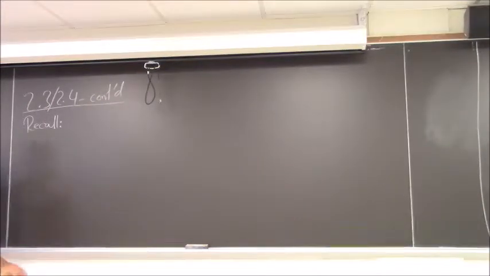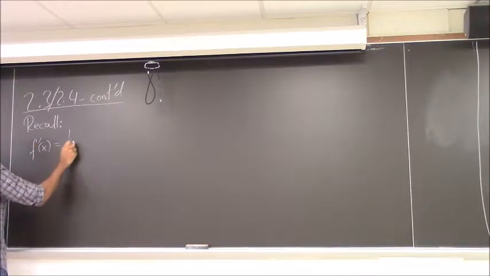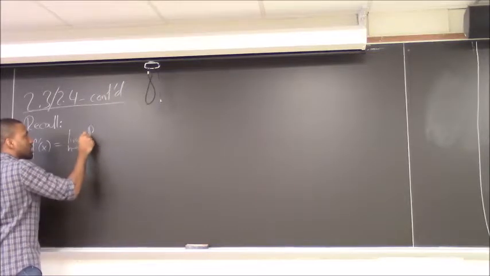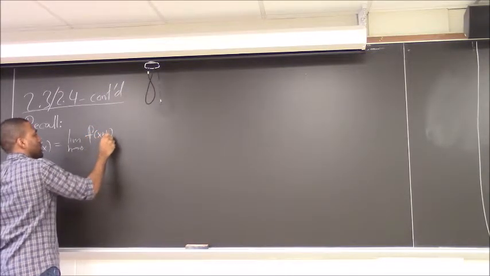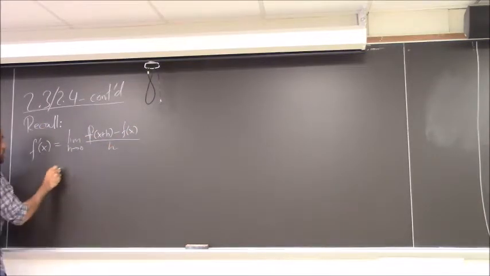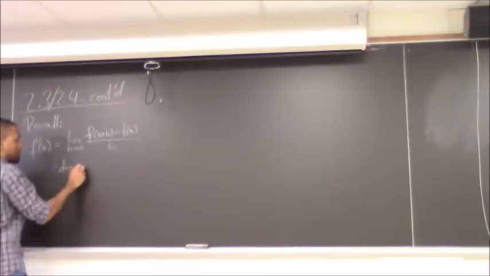It's worth summarizing a little bit. Just recall what we know so far. We know about a function called f prime of x, which is defined in terms of a limit, f of x plus h minus f of x over h. This is the derivative of f.